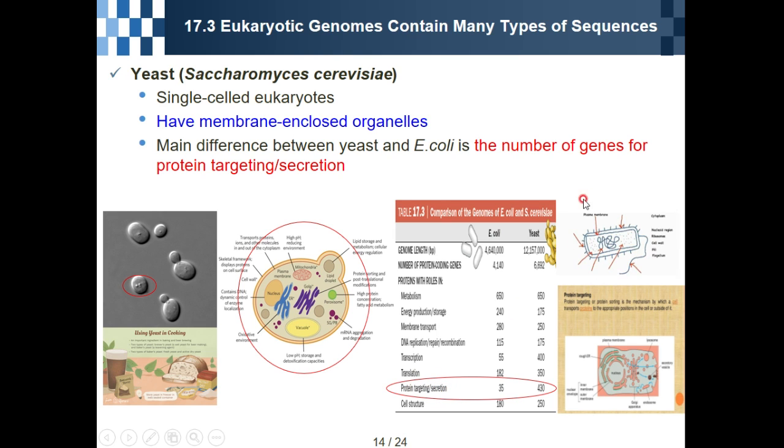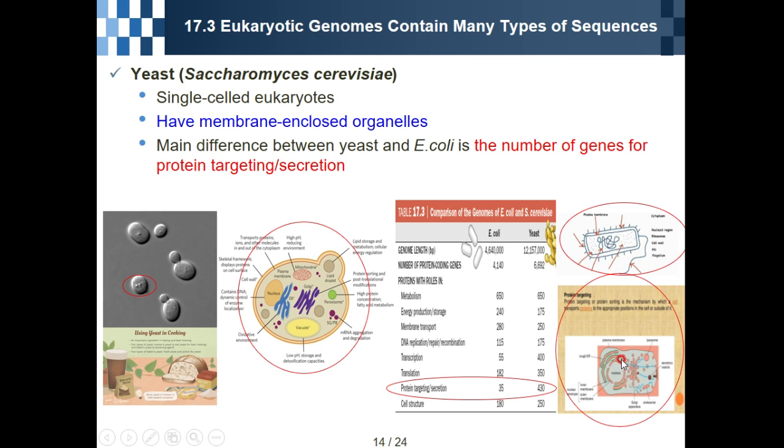For example, E. coli are single cells and don't have membrane-enclosed organelles. However, yeast, even though they are single cells, have membrane-enclosed organelles.